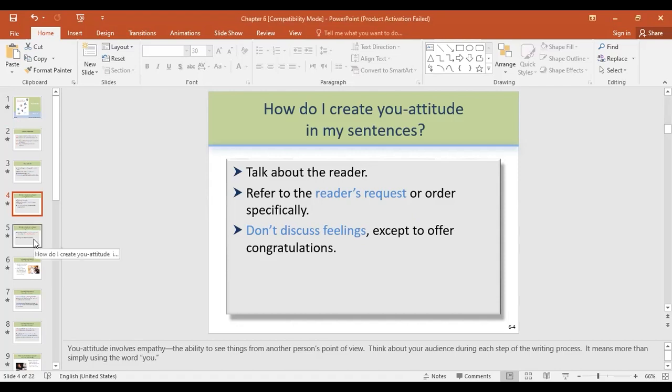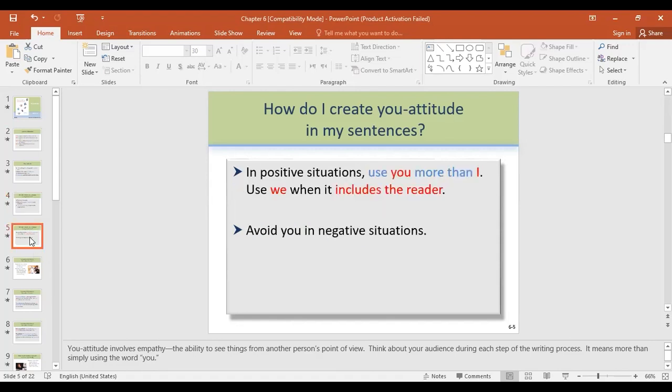So don't discuss your feelings with readers. In positive situations, use you more than I. Later on, I'm gonna give some examples about it. Use we when it includes the reader. Avoid you in negative situations. So we now have 5 points, and we're gonna go through each point in more detail.